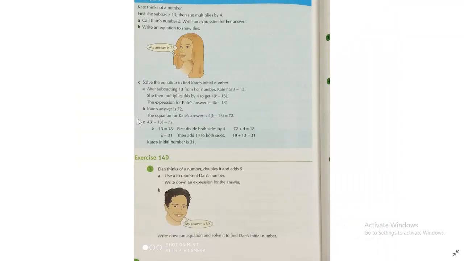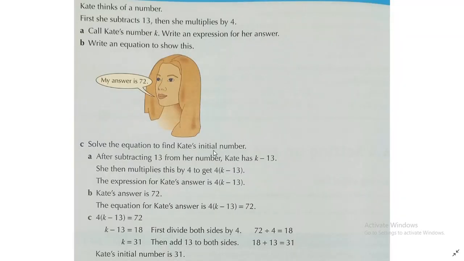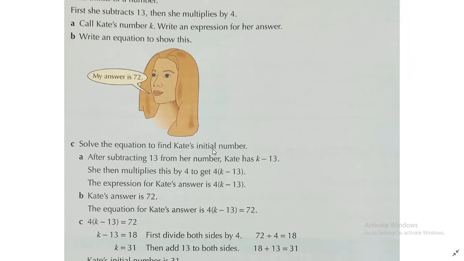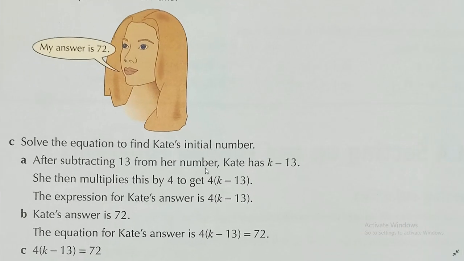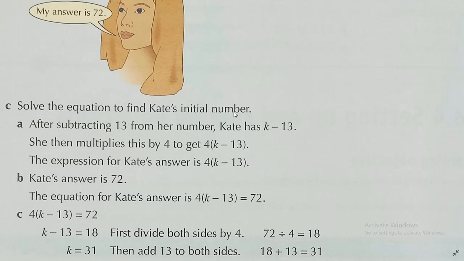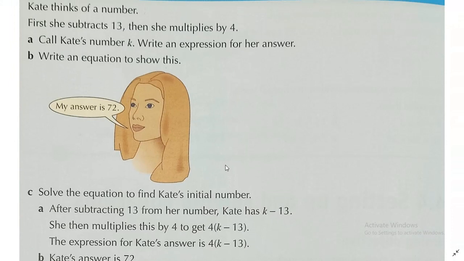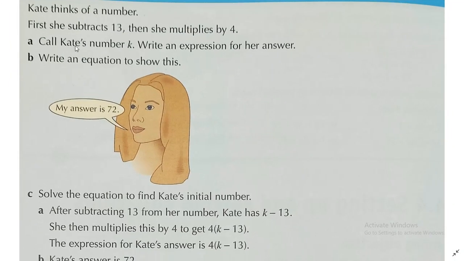We need to solve the equation to find Kate's initial number. Okay, we need to find this. After subtracting 13 from her number, Kate has K minus 13, because the question says first of all, Kate subtracts 13.